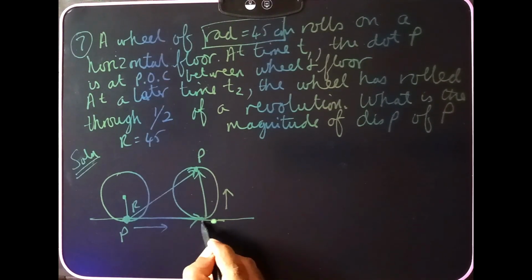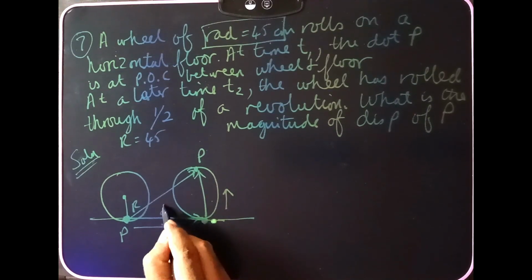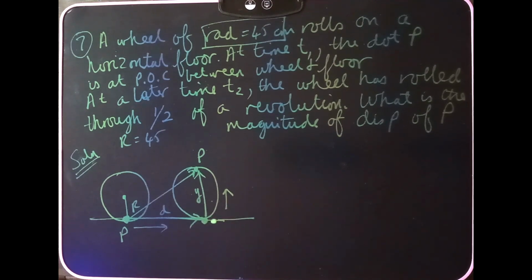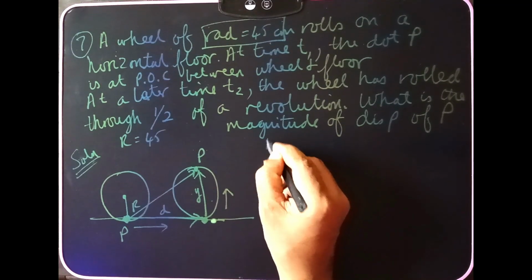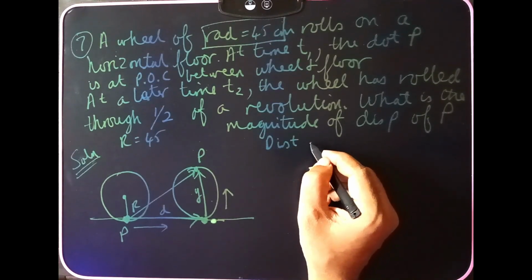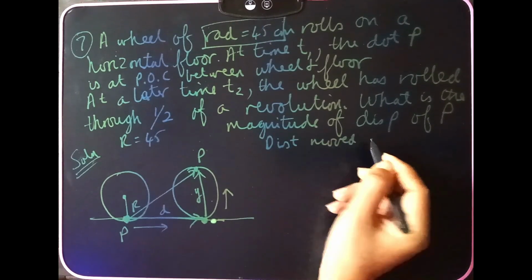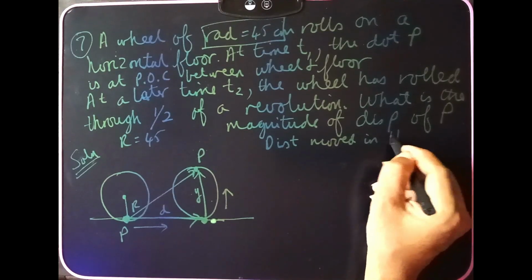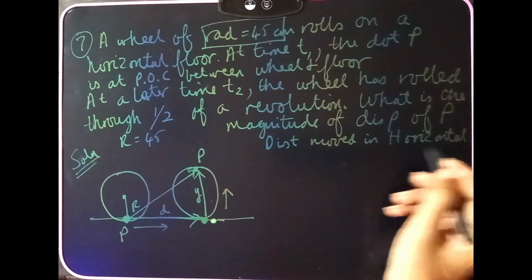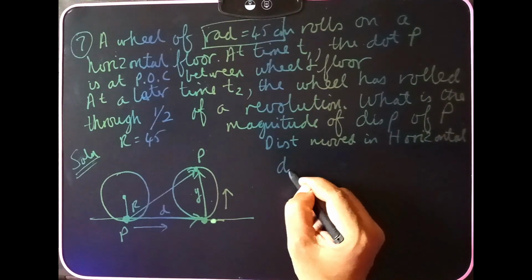From here to here, we'll say the distance is d, and from here to here this is y. What is the distance moved horizontally? Distance moved in horizontal is given by d.